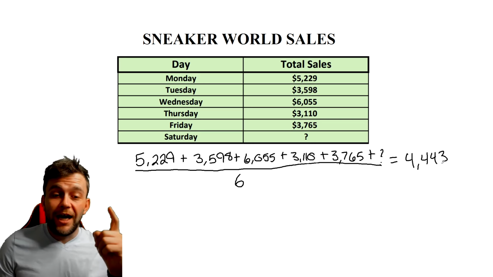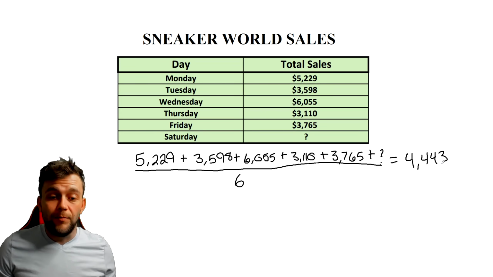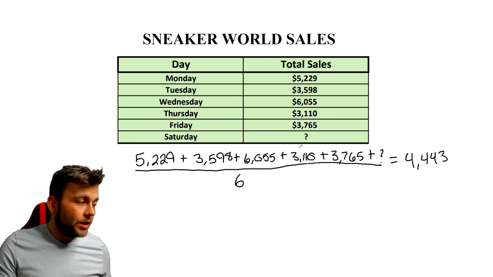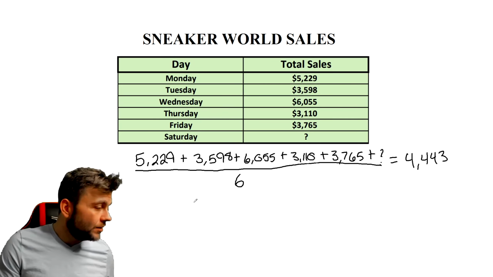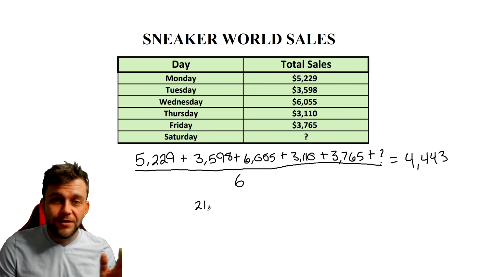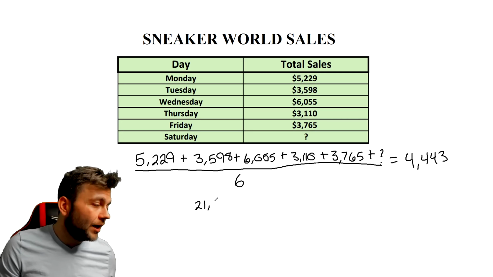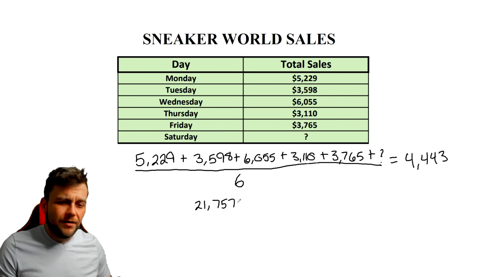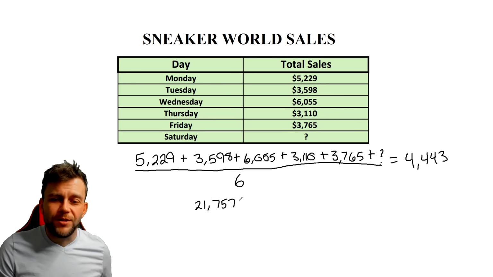Well, the first thing I would do is add all of these numbers up. So when you add all of these numbers up, you get 21,000, and you might want to pause, keep up with me, 21,757. Double check that. Yep, 21,757.